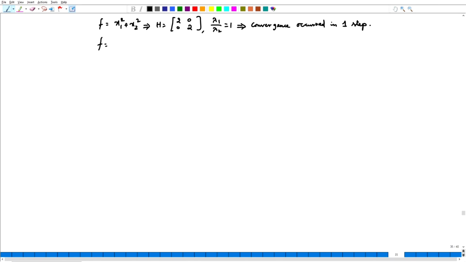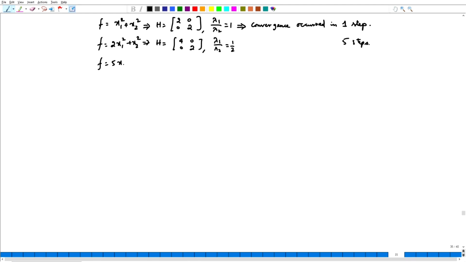When the function became 2x1 squared plus x2 squared, h is 4002, and lambda 1 by lambda 2 is half. So, convergence took 5 steps in this case.